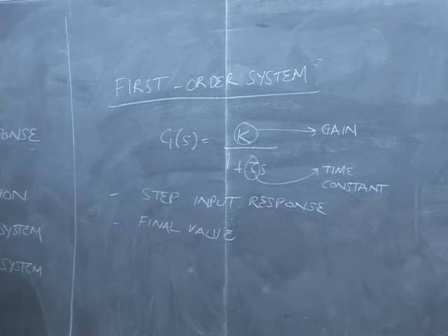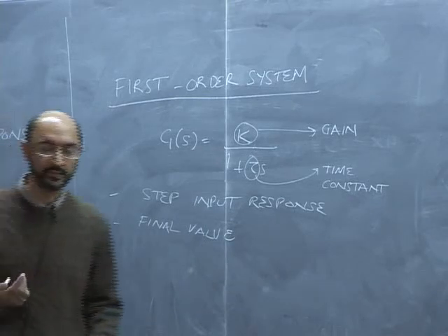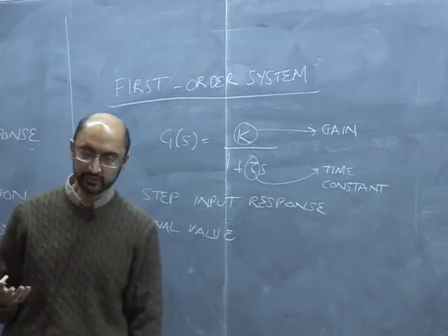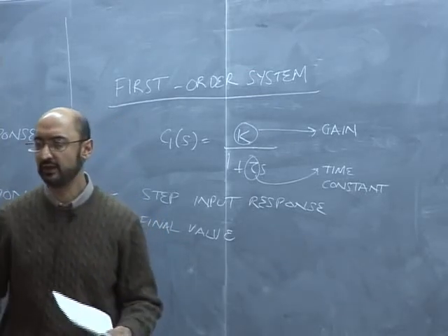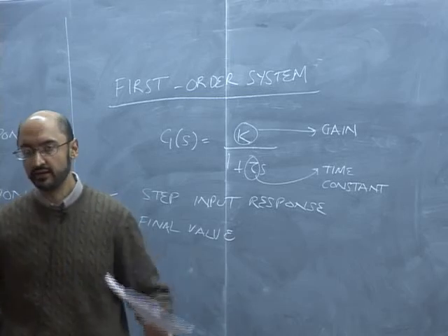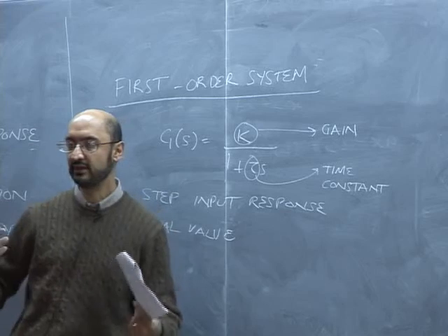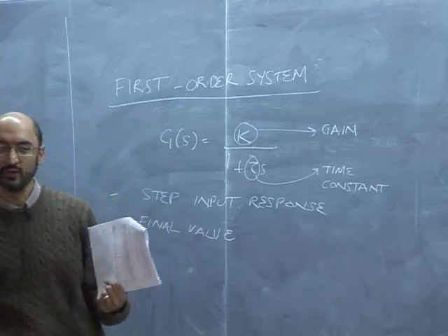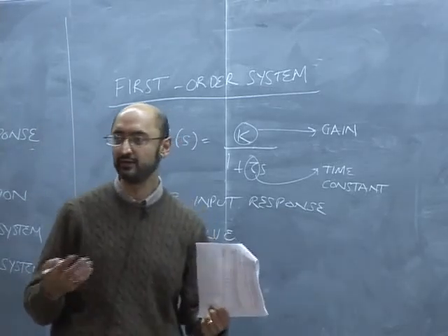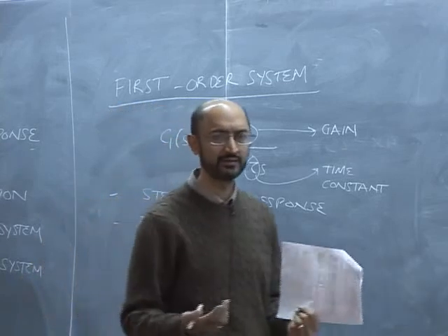The notion of a time constant is extremely important, and we can view the time constant as essentially an inherent quality of any control system. It's the time in which it behaves, and intuitively understanding the time constant of any system is very important.